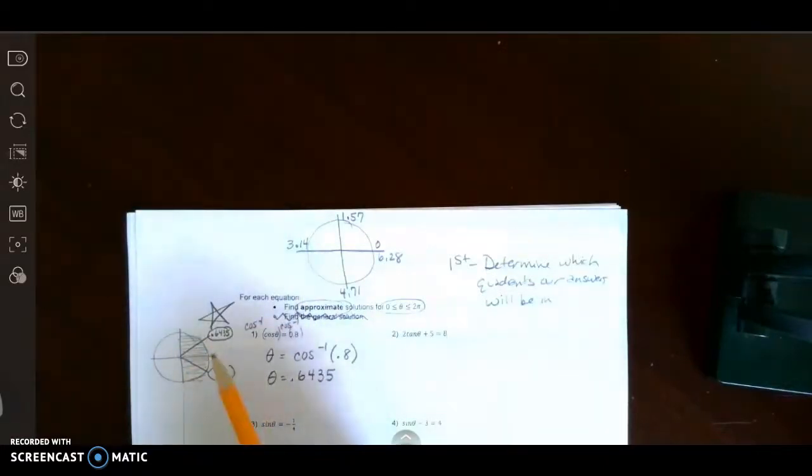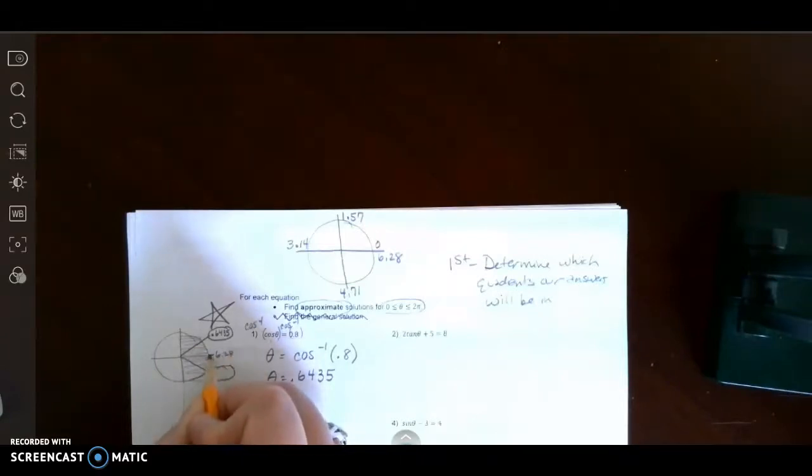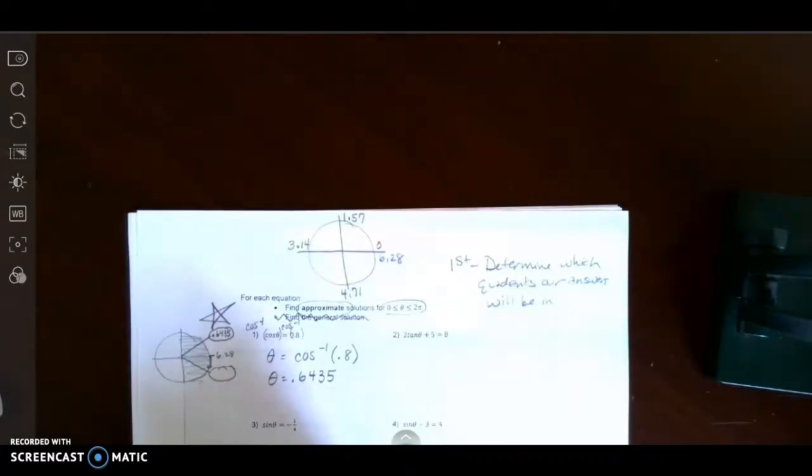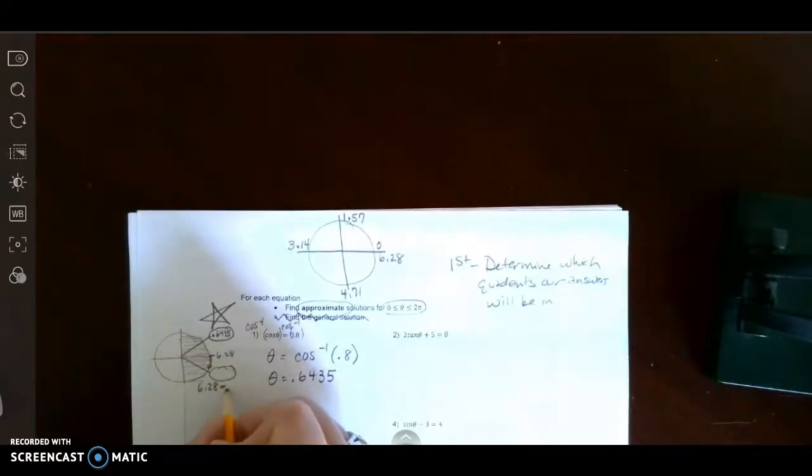But now what I need to do is figure out, well, what's going to be right here? Well, right here is 2 pi, which is 6.28. And I'm going backwards in the negative direction, 0.6435. So I'm moving this direction. So this is going to be 6.28, as if I've gone all the way around the circle, and subtract the 0.6435.